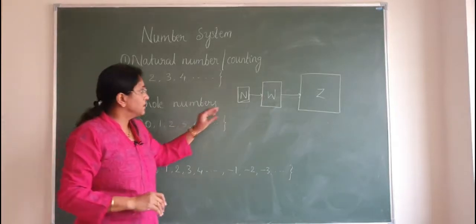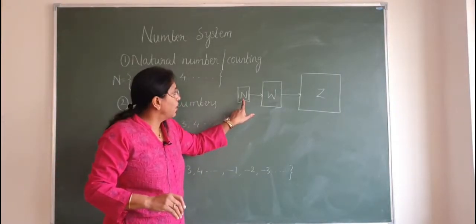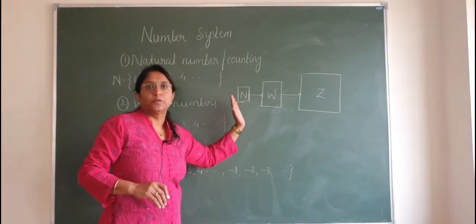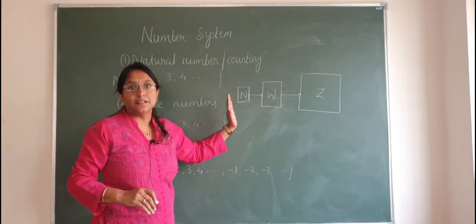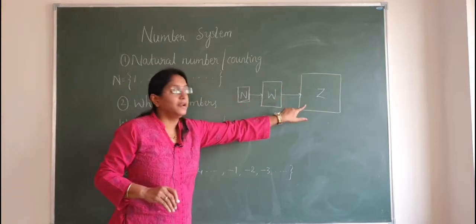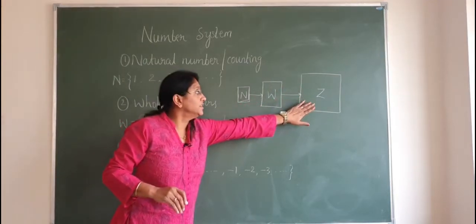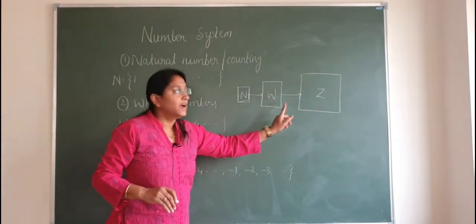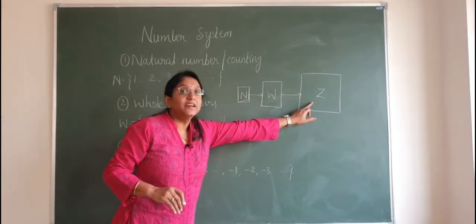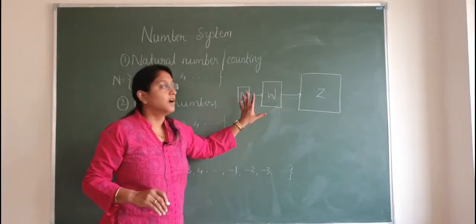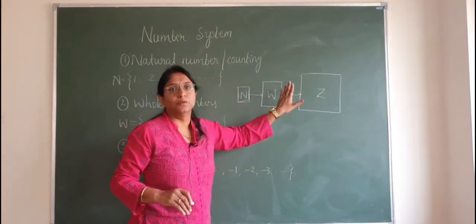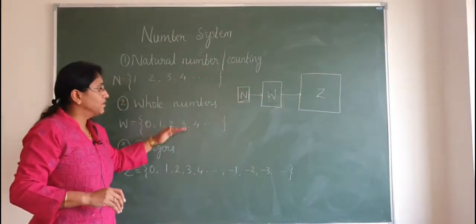We can put small boxes into a bigger box, but you cannot put a bigger box into a smaller box. That's why all integers are not whole numbers or natural numbers. So remember N, W, Z. These are types of numbers.